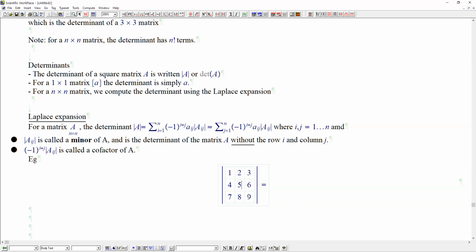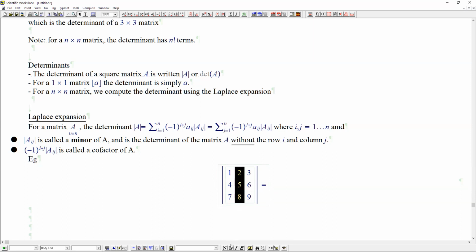For instance, 1 times this determinant, then 4 times this determinant, then 7 times this determinant. It always gives me the same thing. I pick a row and go column by column, or I pick a column and go row by row.